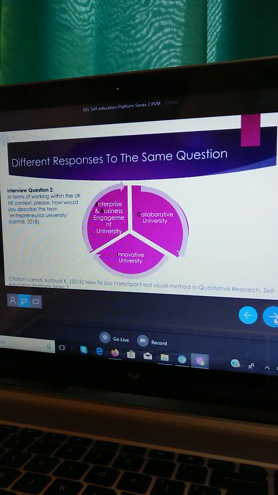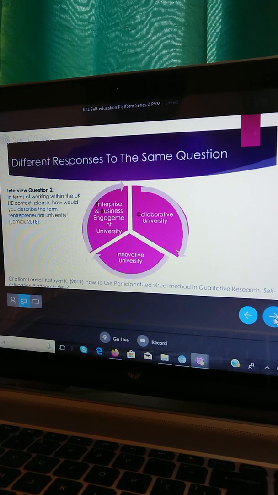So let me give you another example of how one question can generate different responses from your research participants. For example, in question 2 of my thesis, I asked: in terms of you working within the UK higher education context, how would you describe the term entrepreneurial university? It's the same question I asked all my 32 participants, but they gave different responses.